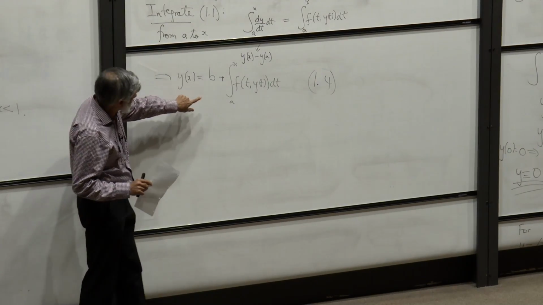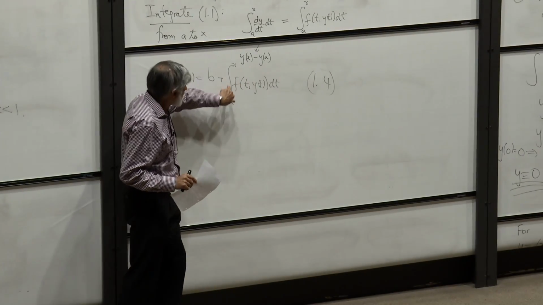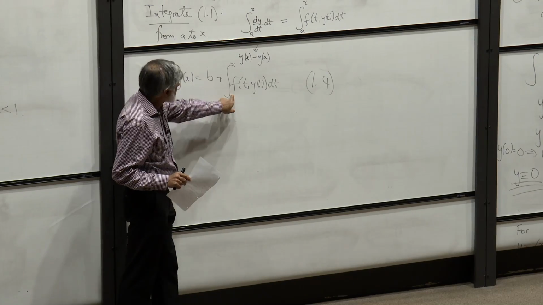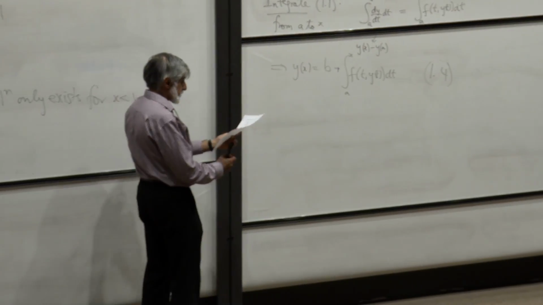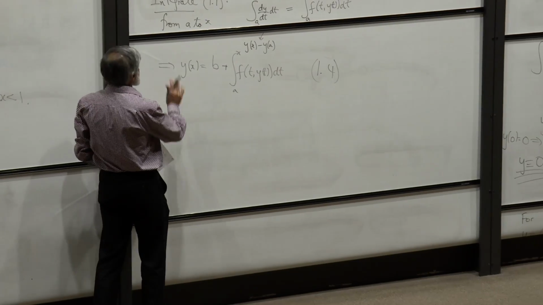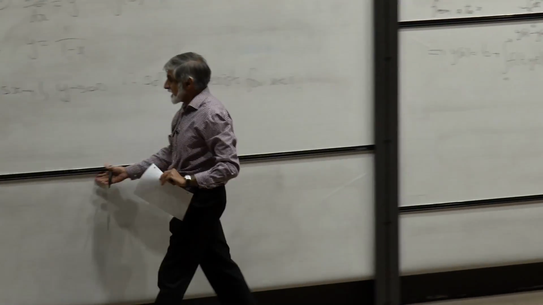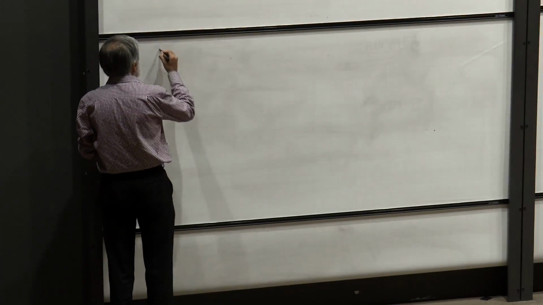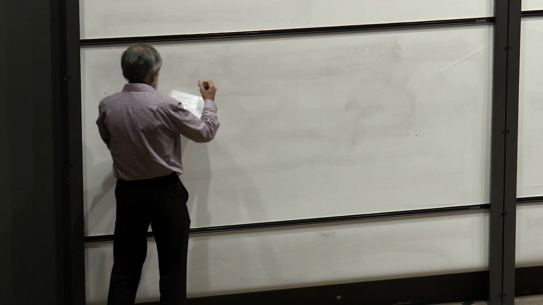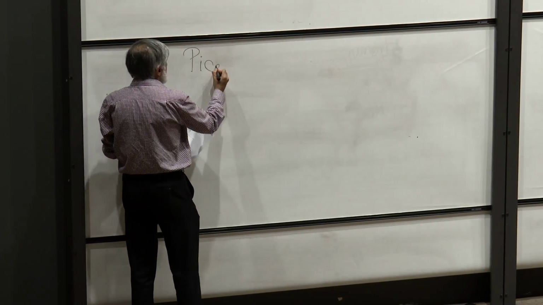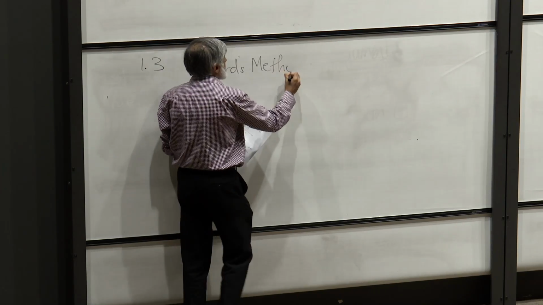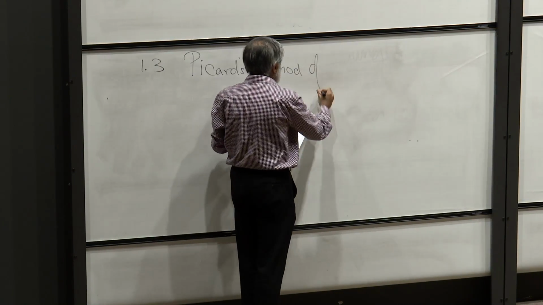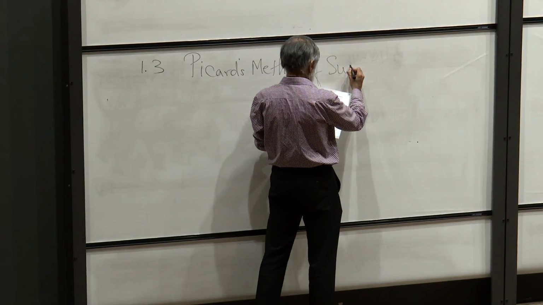And those conditions, we will see, make conditions on f and on where x must lie. So we're going to try and do this by Picard's method of successive approximation.